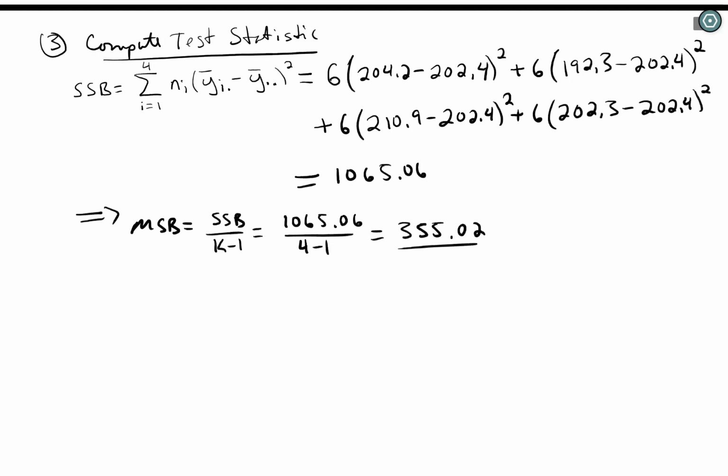All right, the other quantity we need for our F statistic is SSW. And you recall that one way to look at SSW was to take the sample size minus 1 times the sample variance, and you do that for every sample. So I'm going to do that up to 4. I'm sorry, this should be a 4 here.